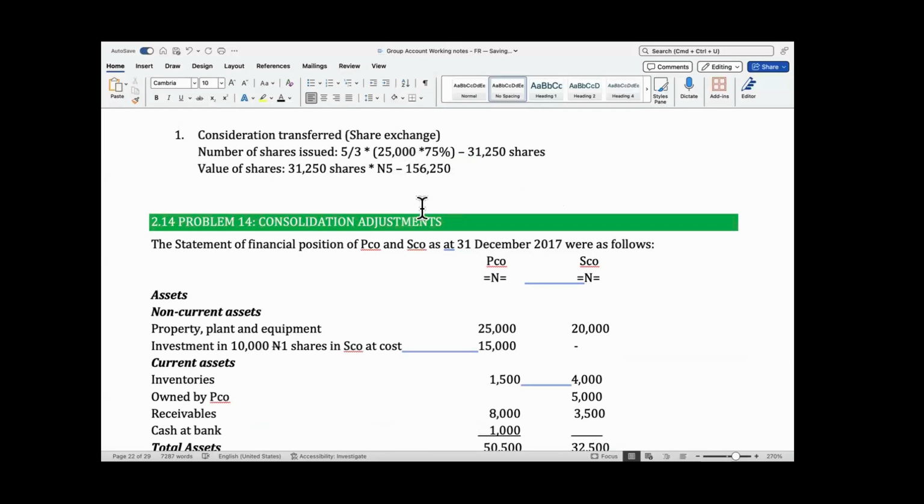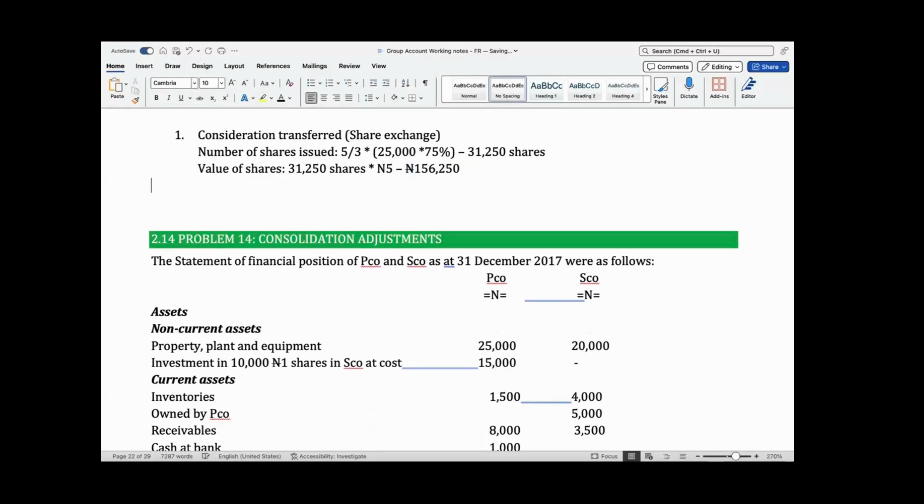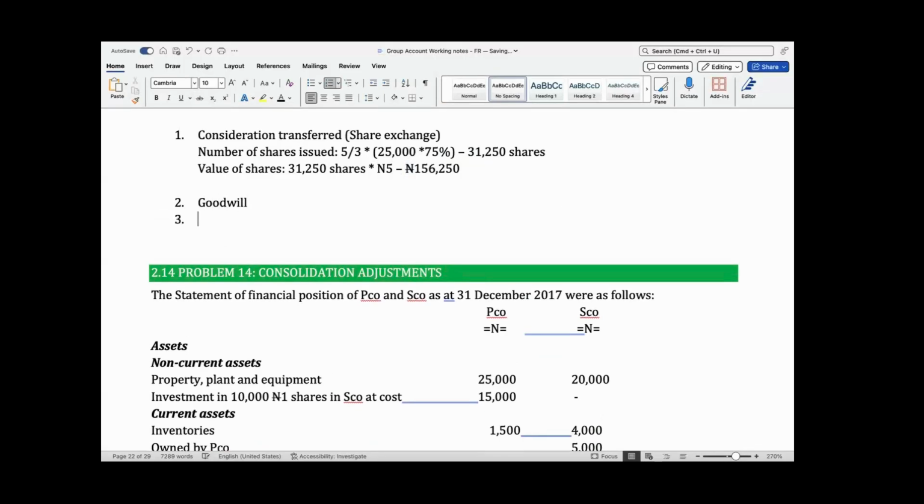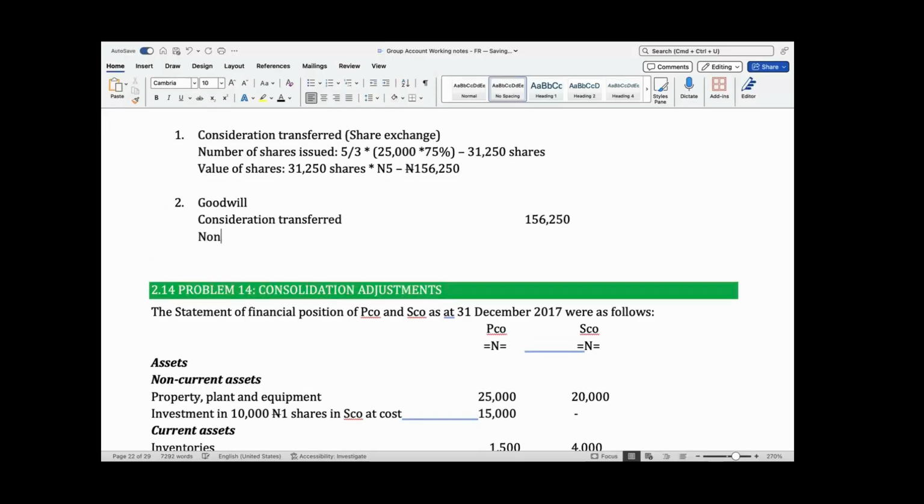That's the consideration transferred. Having determined that, now I can do my cancellation, which is my goodwill. I start with my consideration transferred, which is 156,250.